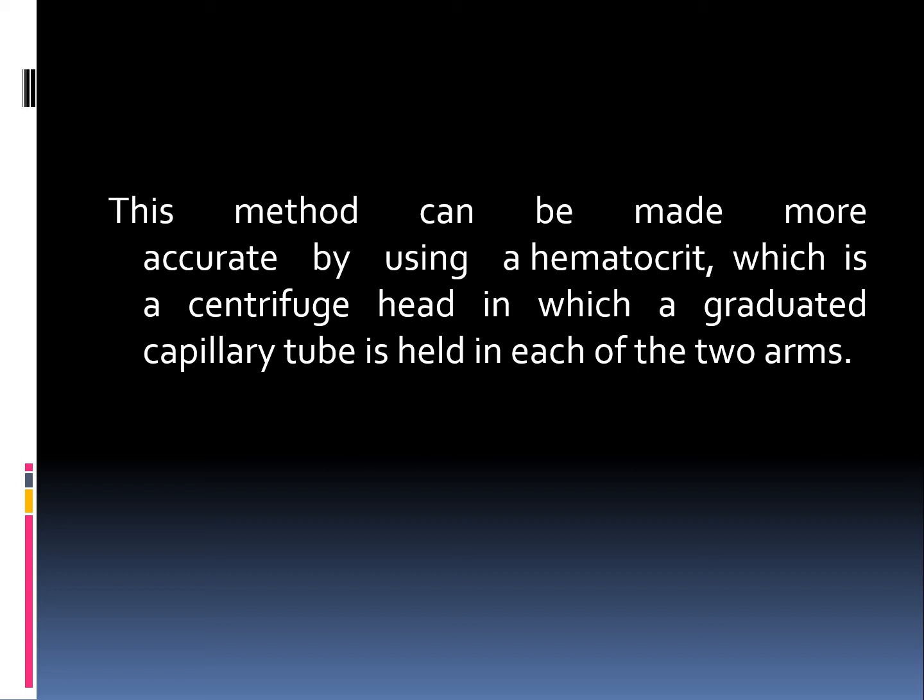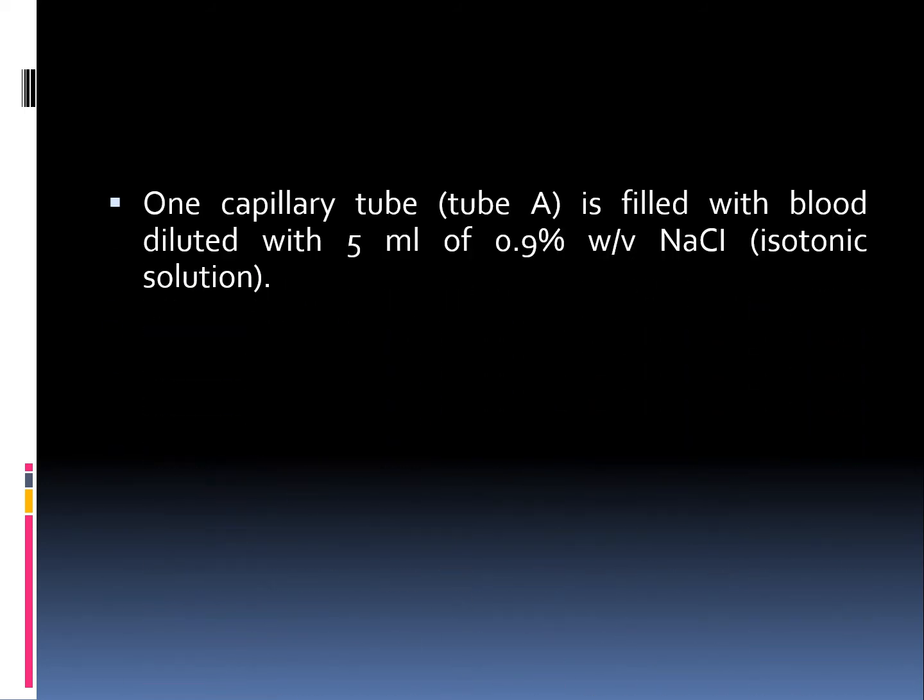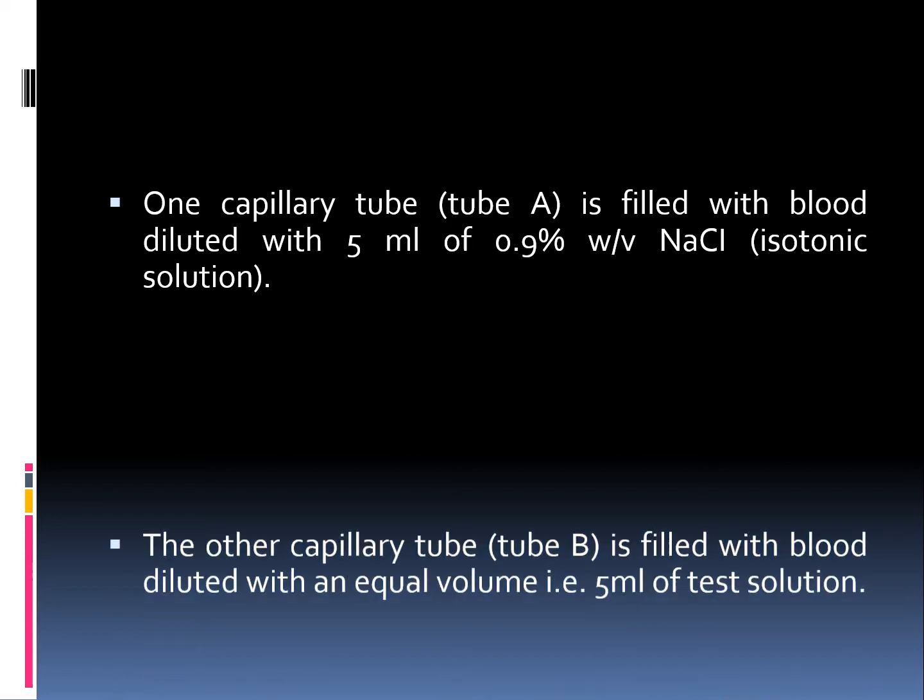This method can be made more accurate by using a hematocrit, which is a centrifuge head in which a graduated capillary tube is held in each of the two arms. So a centrifuge machine contains two capillary tubes. One capillary tube is filled with blood diluted with 5 ml of 0.9% weight by volume NaCl solution.